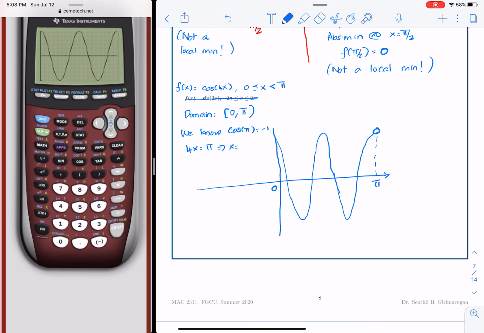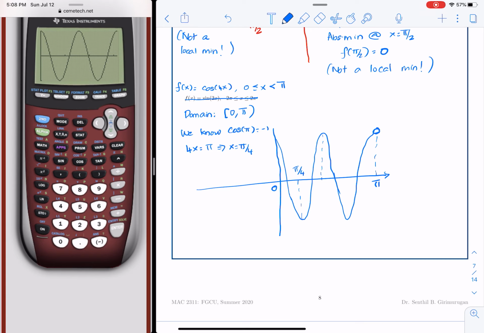This would imply x would be pi over 4. So that point right there would be pi over 4. And we have to add the period, and we would get 1 again at 2 pi over 4, which would be pi over 2.